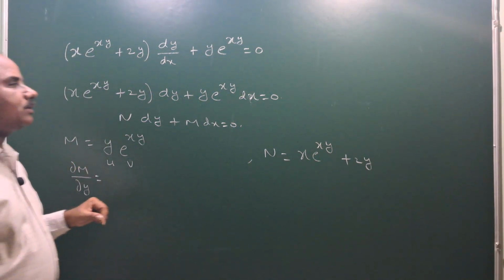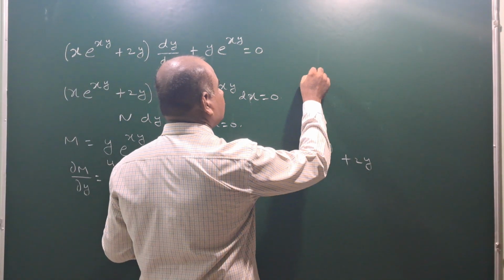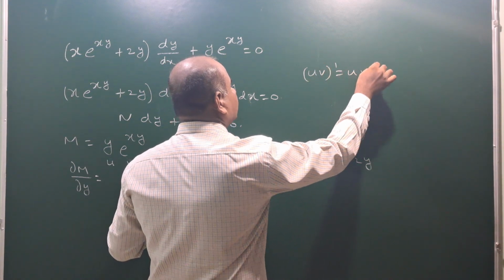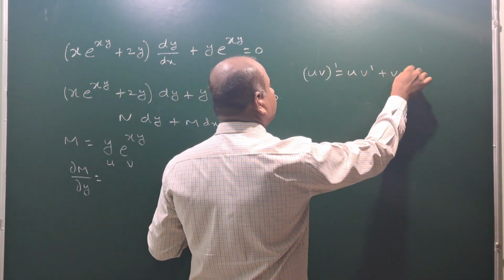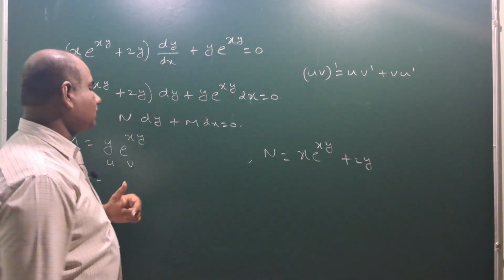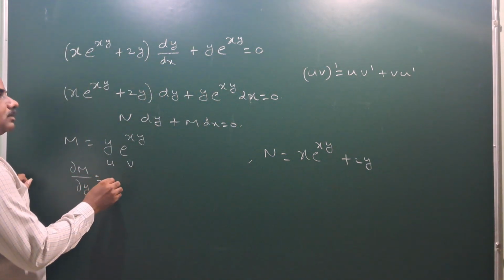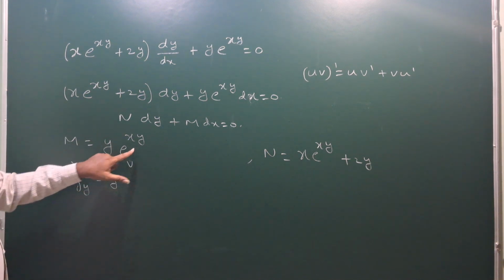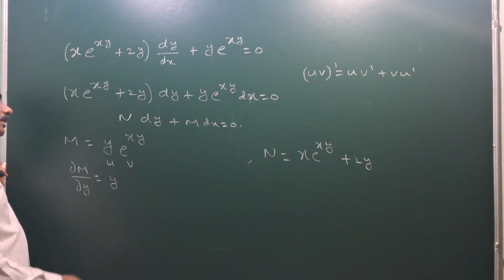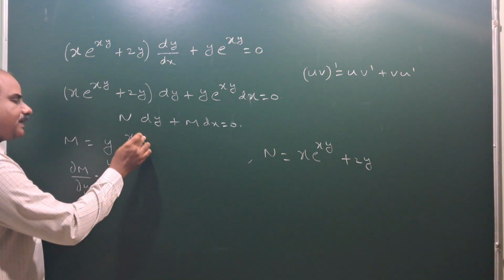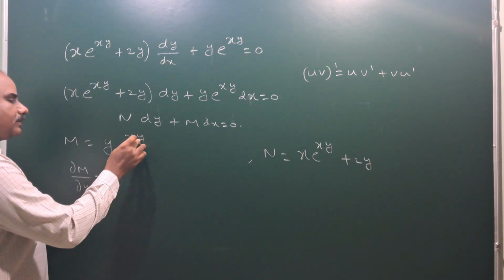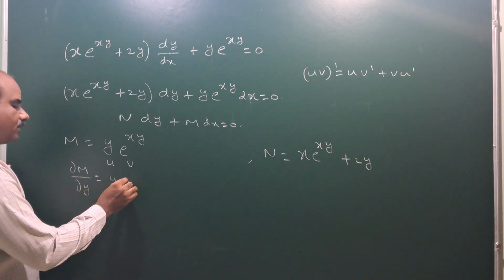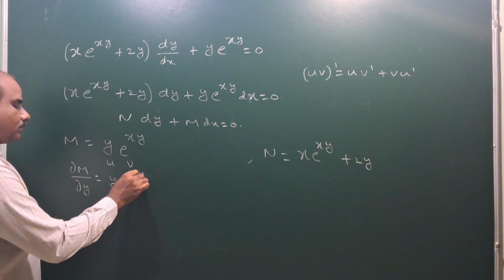Uv whole dash is equal to u v dash plus v u dash. So first u into v dash, that means we differentiate e^(xy) with respect to y. Treat this power as y, then it is in the form e^y, so the derivative of e^y means e^y only.